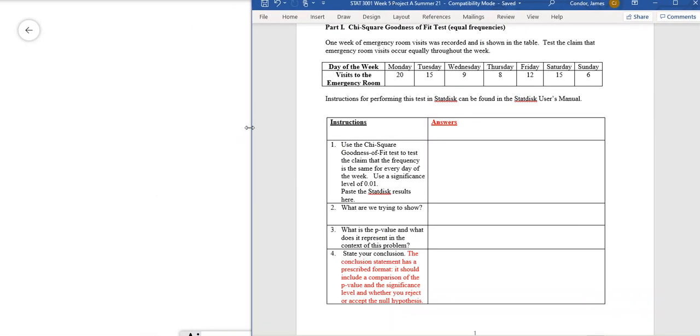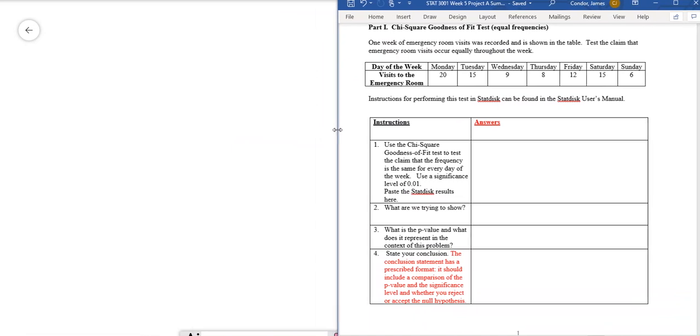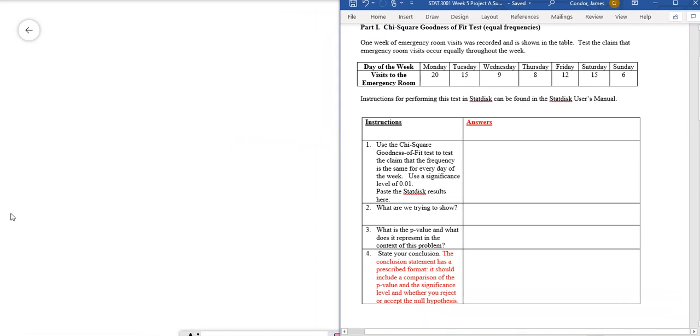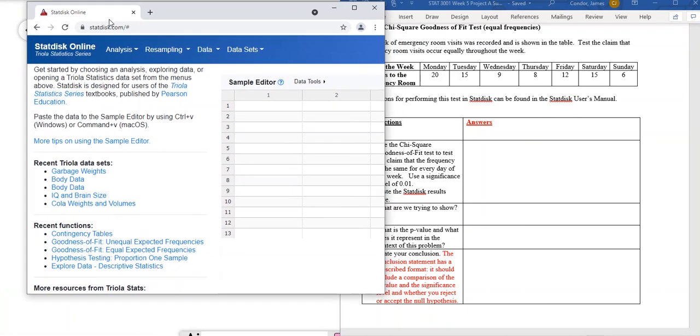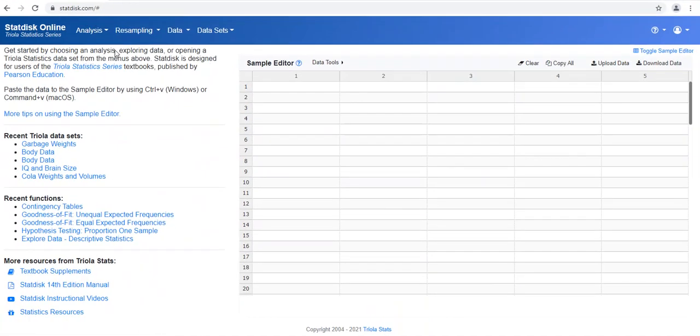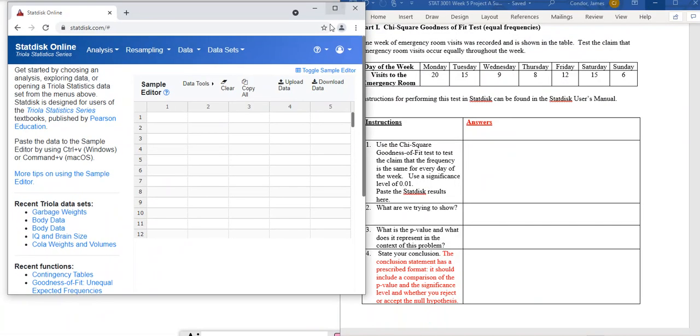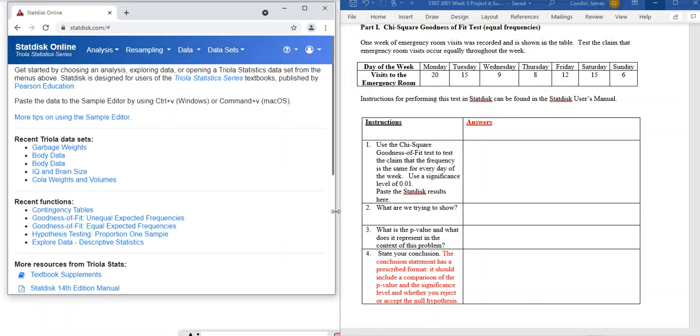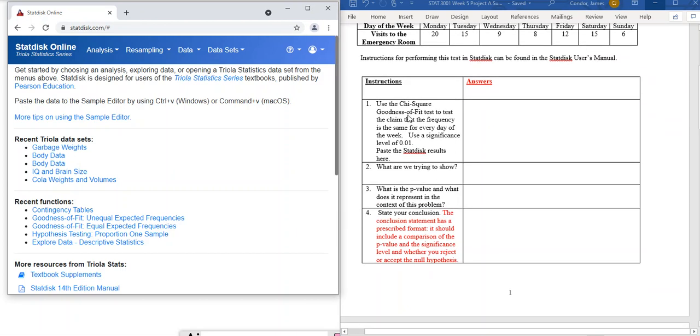So we're going to move this over here and get into StatDisk. Okay, so we're in StatDisk, and we need to make that smaller. There we go. And it says here, test the claim that the frequencies are the same for every day of the week, level 1%.